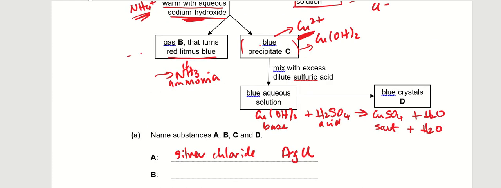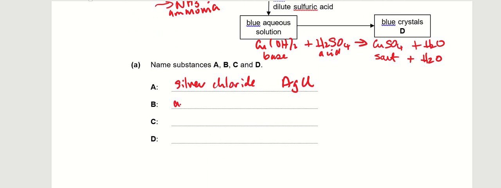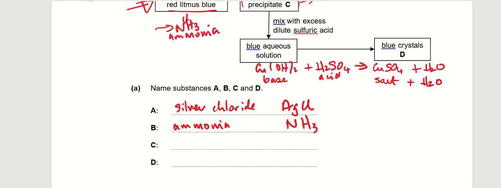B is the gas that turns red litmus paper blue, and we know that this is ammonia gas. We don't really have to write gas, we just write ammonia, and the formula is NH3.